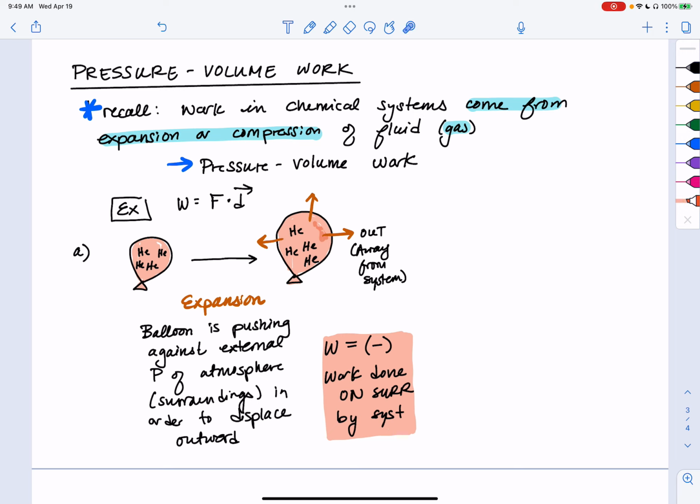In the same way, this balloon expanding is pushing outward, so it is doing work on the surroundings. And remember, anytime we're talking about leaving or exiting the system, or away from the system, that's when we use this negative sign.